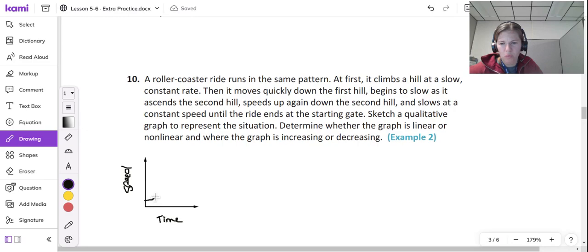We finally start, we're climbing at a slow, constant rate, and then it moves quickly and then slows at a constant rate and then moves quickly again and then slows all the way to the start again. So when we're talking about speed, we're increasing at a slow rate and then fast. We're increasing quickly, right? Then we're slowing and then we increase quickly and then we're slowing to the end.